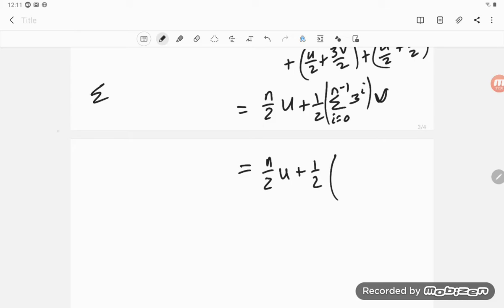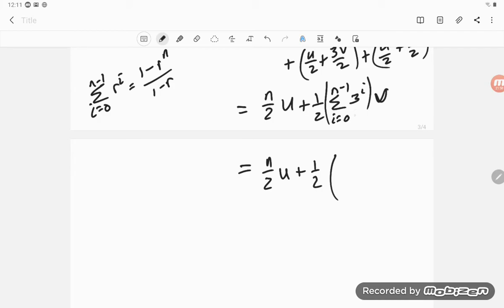If I want to sum I equals 0 to n minus 1 of some r to the I, what we know is that that is 1 minus r to the n over 1 minus r.